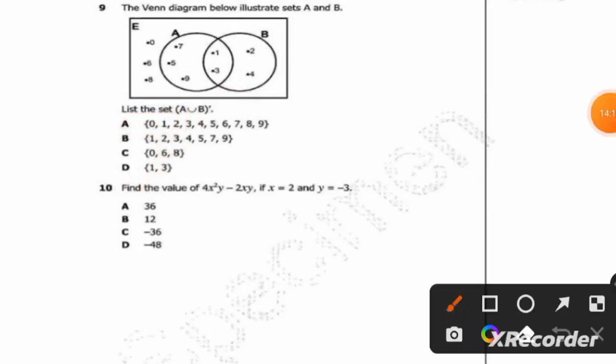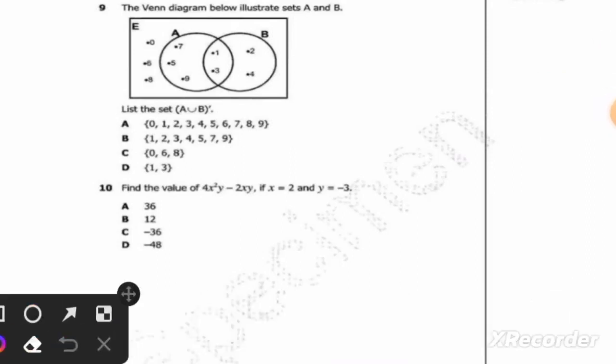Okay, we move on to the next question, which is question 9. Question 9, the question reads, the diagram below illustrates sets A and B. List the set A union B complement. So the first thing we are going to do here, first we need to list A union B members.